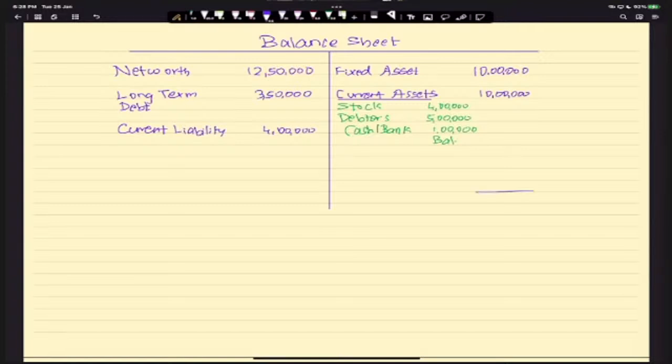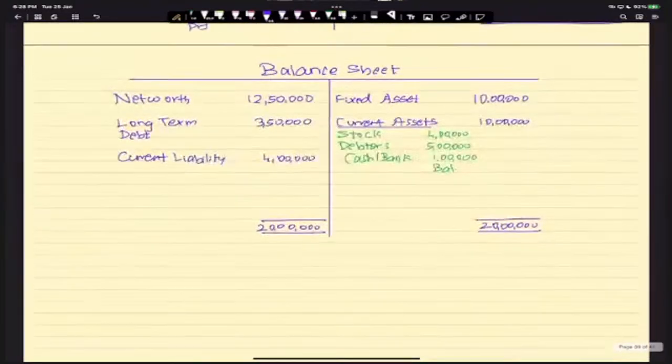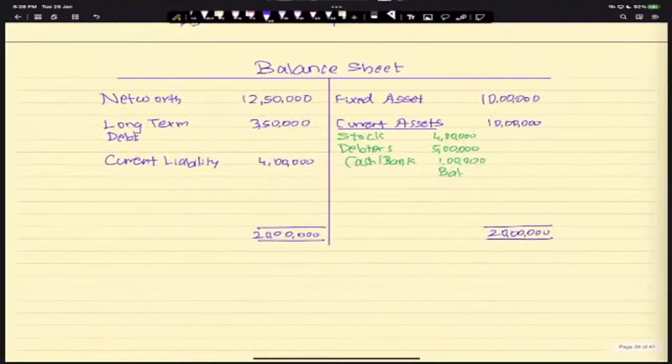So the balance sheet is tallying at 20 lakh on both sides. I hope you guys have also got the same answer or maybe a similar answer. Pretty easy question.